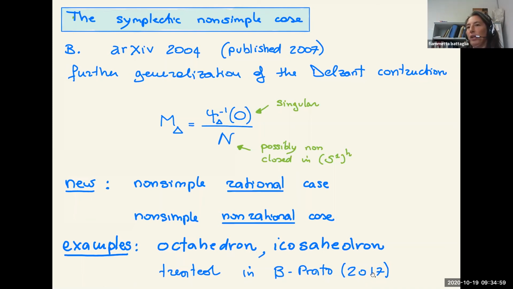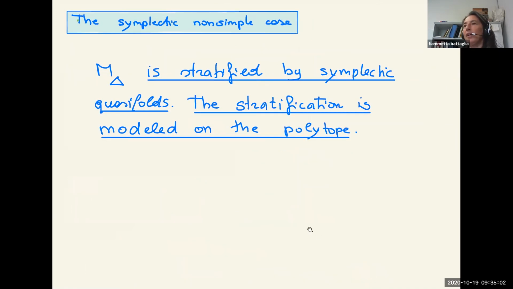And let's see what we get. We get a stratified space by symplectic quasifolds, and the stratification is modeled on the polytope. I'm going to show this in more detail after I also talk about the complex case, because even in this case, the two quotients, the symplectic non-simple toric space and the complex non-simple toric space, can be identified.